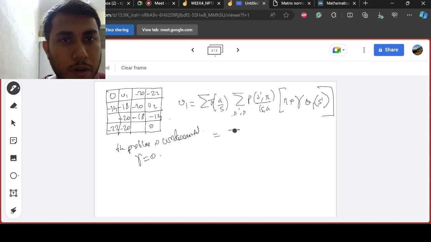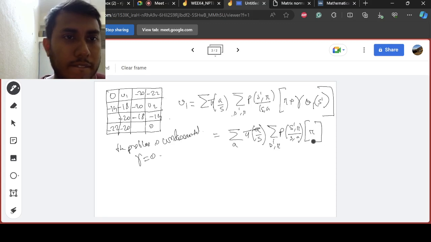So this gamma value will be substituted as 0, and this comes down to summation over a of pi of a given s, summation over s dash comma r of p of s dash, r given s comma a, times r.